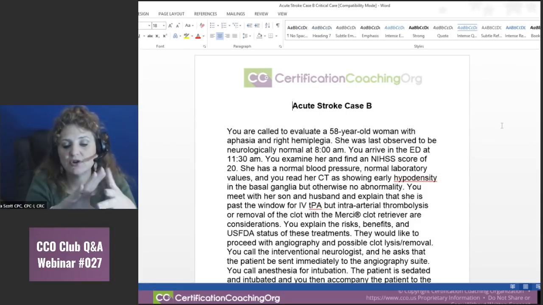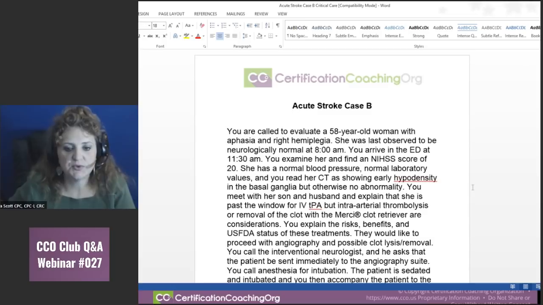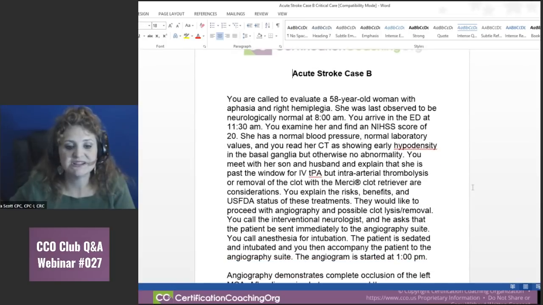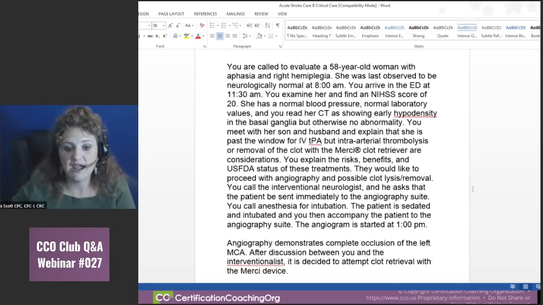Whenever you have somebody, you're going to always see them explain the risks and benefits when they're going to do a procedure, okay? So they go ahead and proceed with the angiography, and they are going to go in and try to get the clot. You call the interventional neurologist, the interventional neuro doc that's going to go in and try to grab this clot.